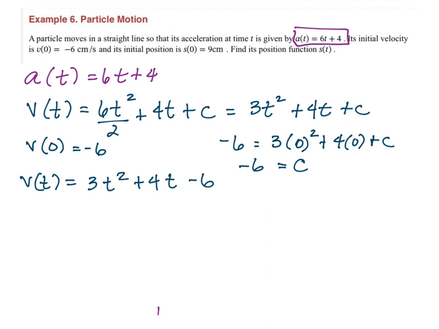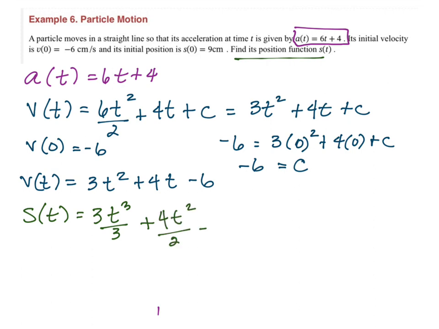And then the last thing that we have to do here is find the position function, s of t. And we know that position is the antiderivative of velocity. Position is the antiderivative of velocity. So we're going to have 3 what? Plus 4t minus 6t plus d.